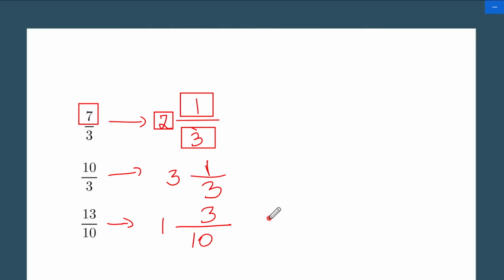So that is what you need to do. You have to see how many times this goes into this, and you put that number here. This you only copy, and the remainder, if 10 goes into 13 once, the remainder is 3, and you put the 3 on top of the fraction.